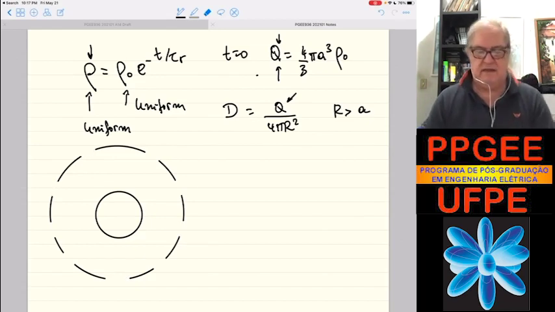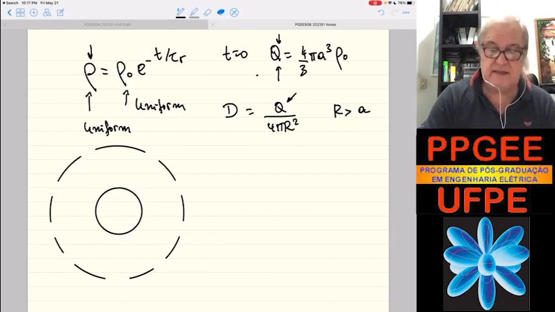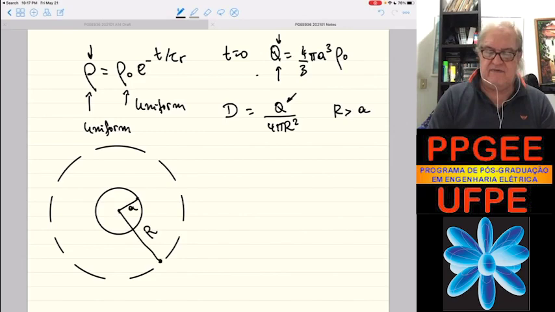Then if you use Gauss's law, this is the sphere. This is a Gaussian surface of radius r. So we have, let's say, region 2 and region 1.